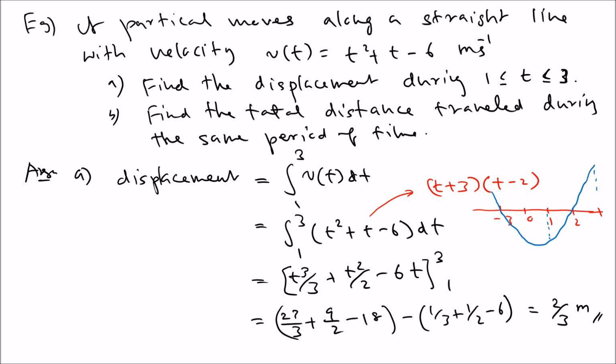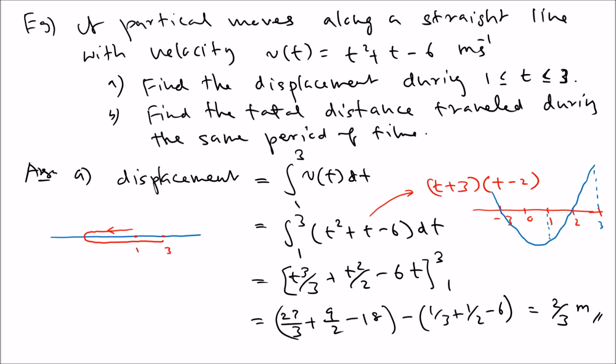At the beginning it is negative, so it's going to go backward. If you look at the movement on the straight line, when you start at 1, the velocity is negative. It's going backward, and then stops and comes back. So that's how it moves in the time interval from 1 to 3.